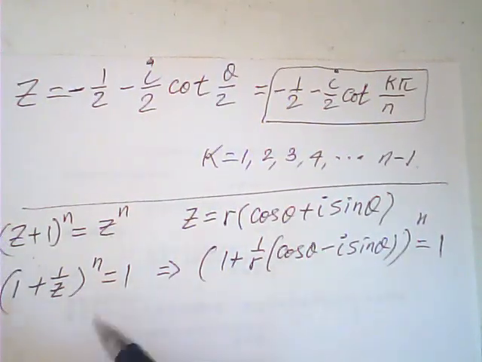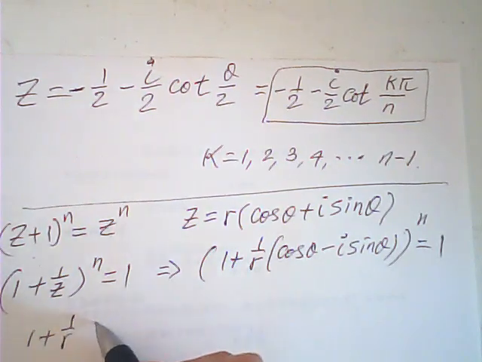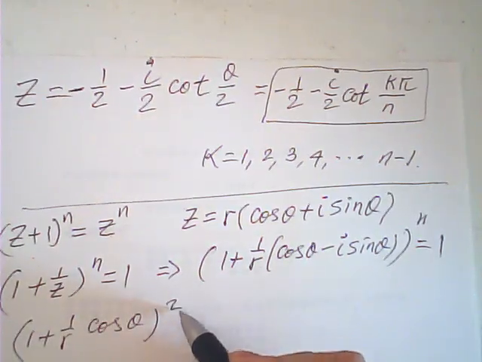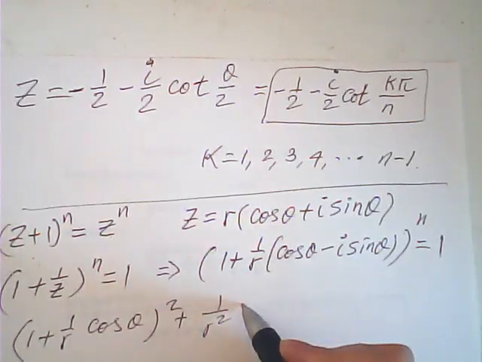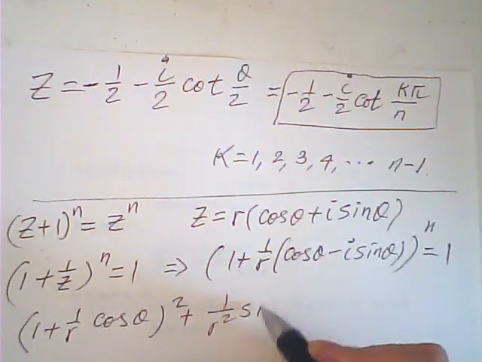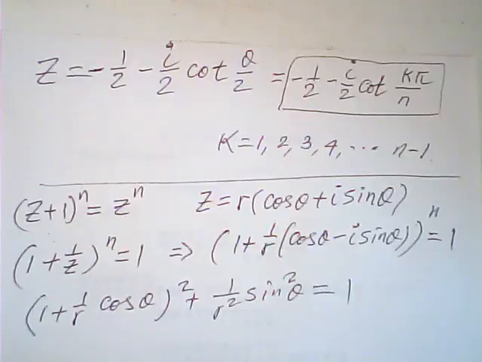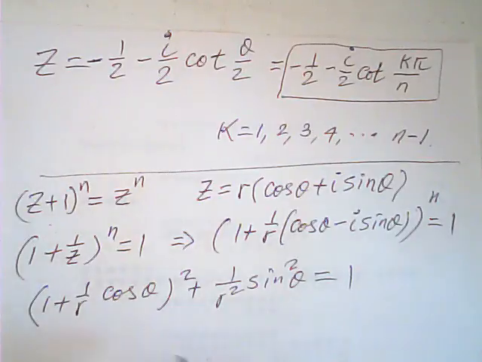So which means that (1 + (1/r) cosine theta) squared plus (1/r squared) sine squared theta equals 1. Okay, the modulus must be equal to 1.